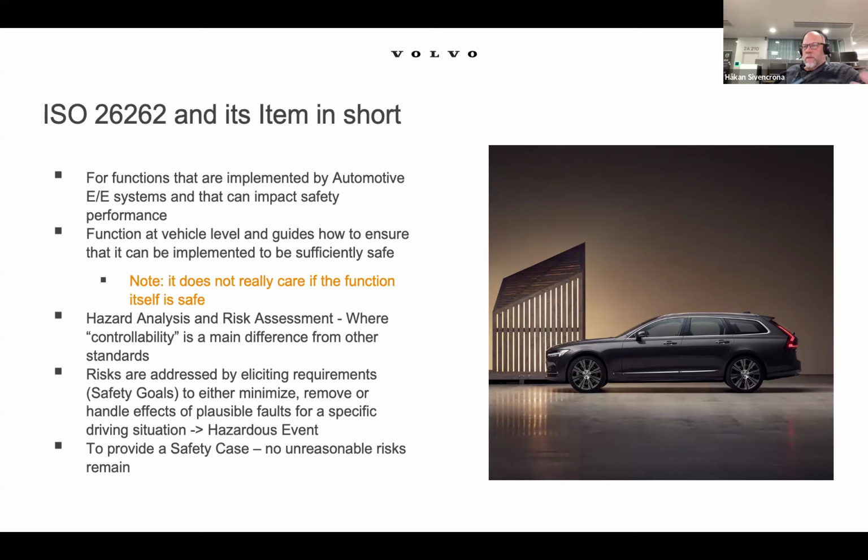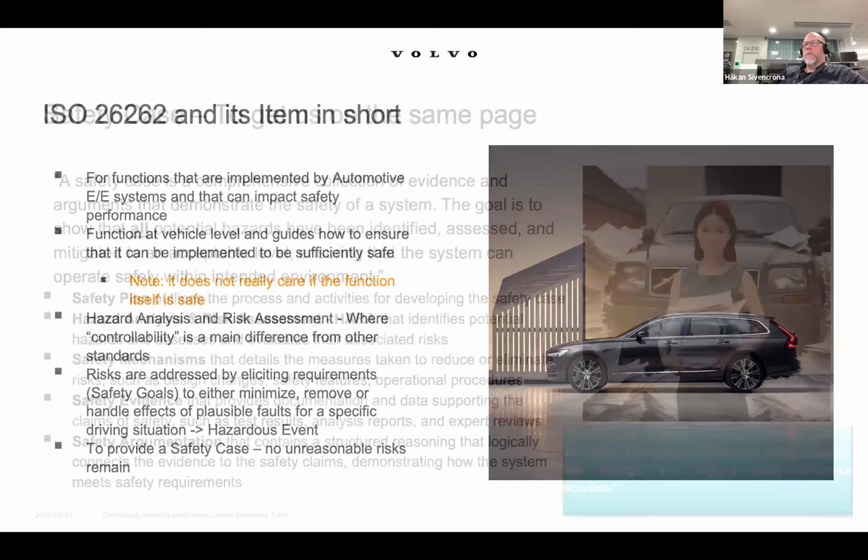But we know that these requirements coming from hazard analysis and risk assessment will be safety goals that we need to achieve, and they are on the vehicle level. And this is a nice V90, and I love this car. Yes, so in the end, we would like to have no unreasonable risk, and you can see in the standard how this can be achieved, but we leave that for now.